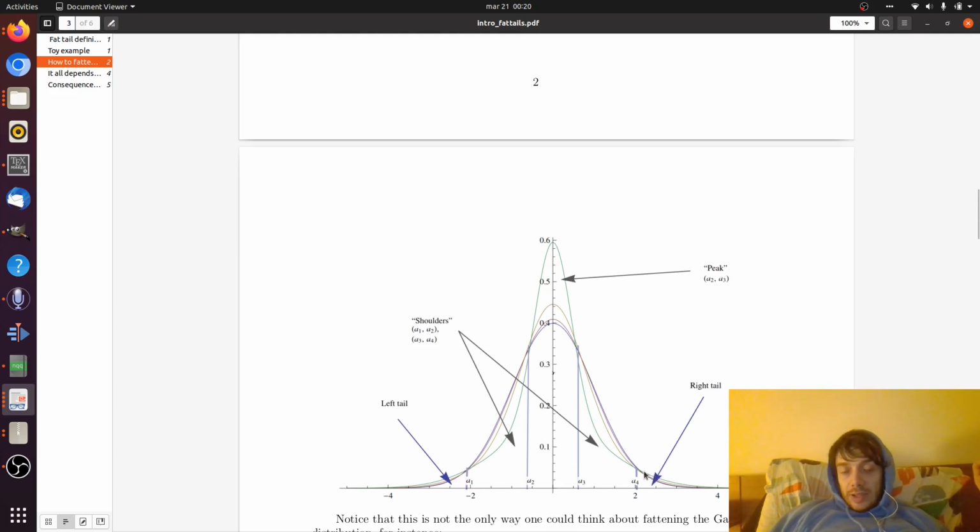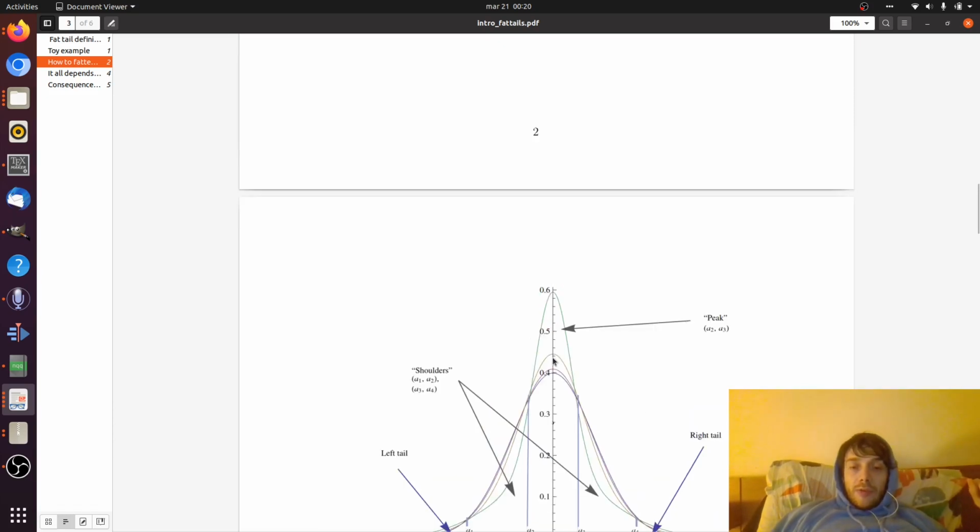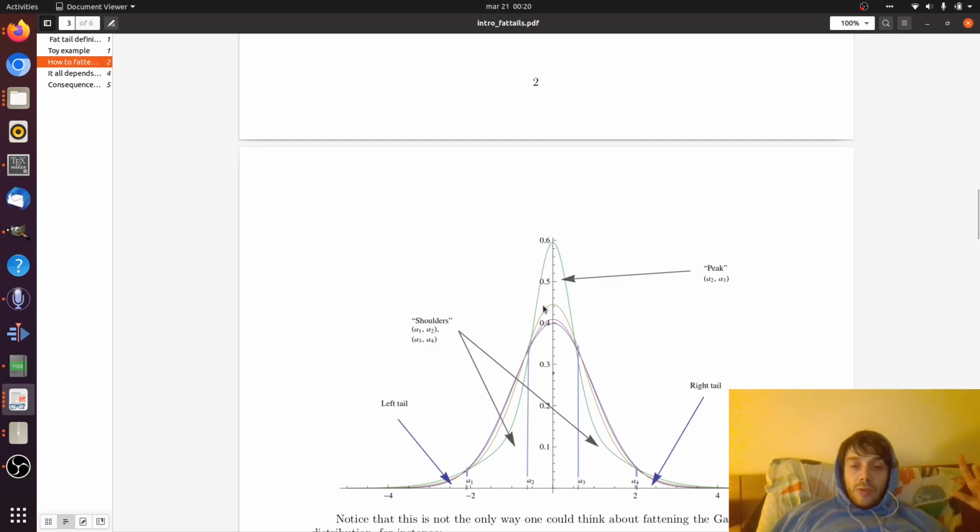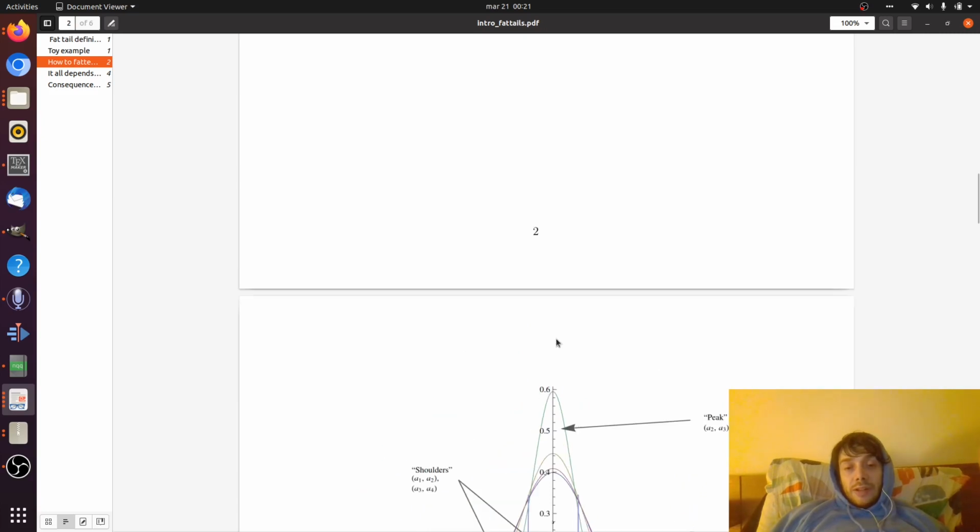As you can see, as we can expect, after a while, the fattened distribution is going to dominate the Gaussian. But very importantly, for what Taleb says in the video, you can see here that there's going to be a peak where the fattened distribution dominates the Gaussian distribution around the mean. So observations around the mean are going to be more likely to appear for the fattened distribution than from the Gaussian, if you fatten something like this.